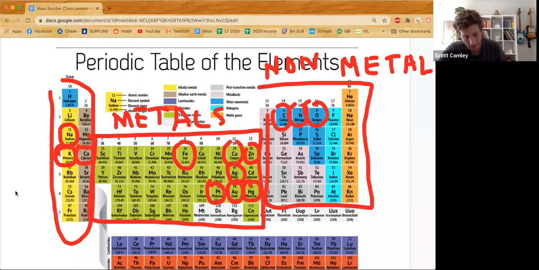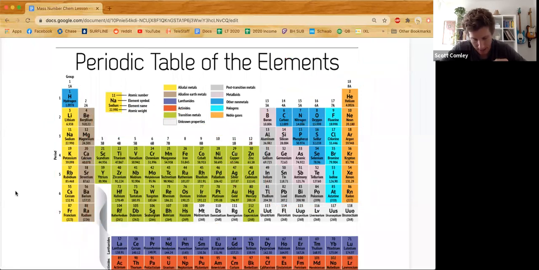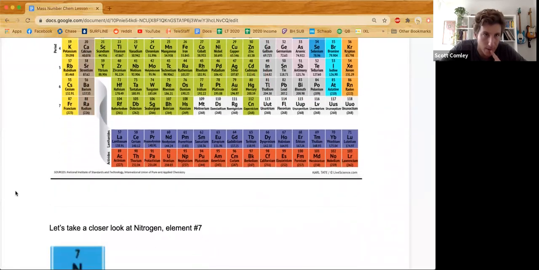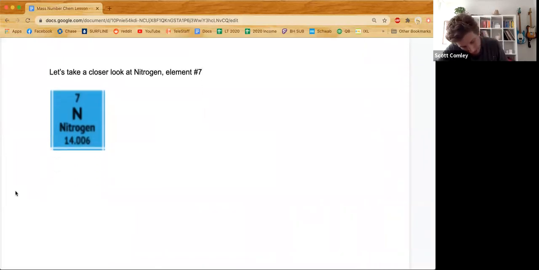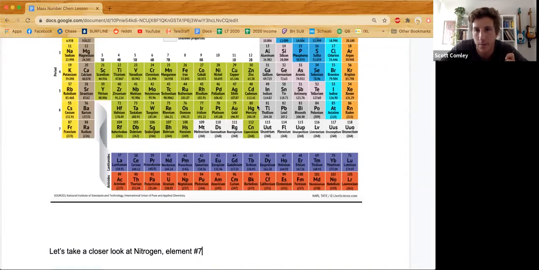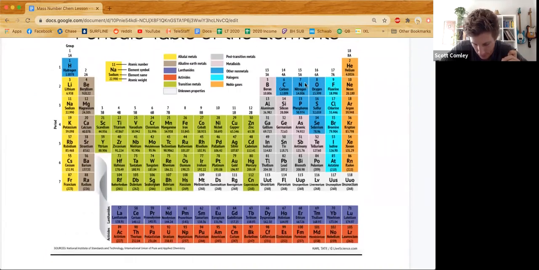So let's talk about what just a regular atom is and what a mass number means. I'm going to denote the three different particles in an atom with different symbols. We're going to take a closer look at nitrogen, which was right up here at number 7.